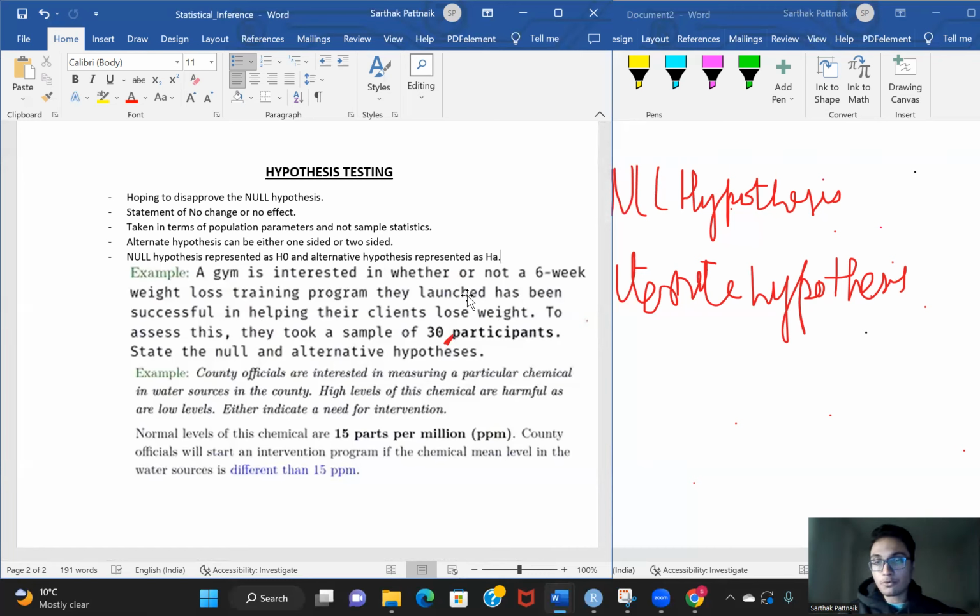They went through this program, and our null hypothesis condition is with respect to what we are calculating: weight loss. To assess the efficacy of the weight loss program, I'll take the mean of the weights of the participants, and after the weight loss program, I will take the mean of all the participants once again.